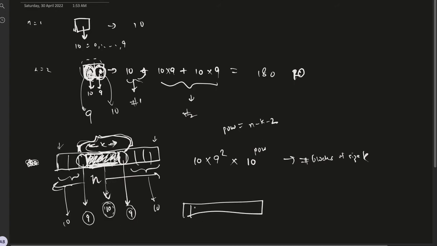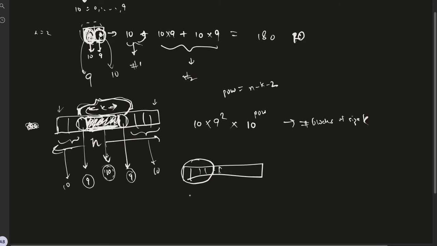Now, considering the case when it does start from the extreme left or extreme right, the answer would be 10 options for this, 9 options for this, and 10 options for each of the remaining ones. So that is 10 into 9 into 10 power pow plus 1.